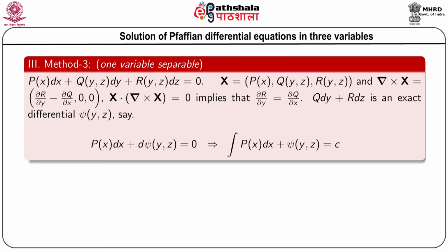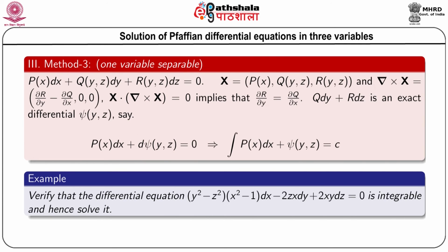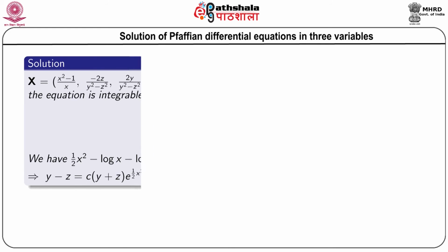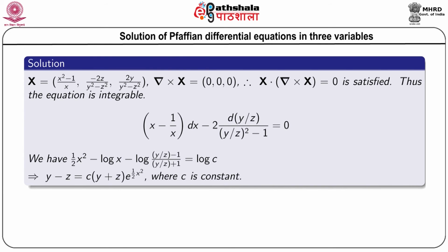To illustrate that, we are taking one example: (y² − z²)/(x² − 1) dx − 2zx dy + 2xy dz equals 0. First of all, we have to check the integrability of this equation. For that, we computed X dot curl X, and this is 0 for this example.